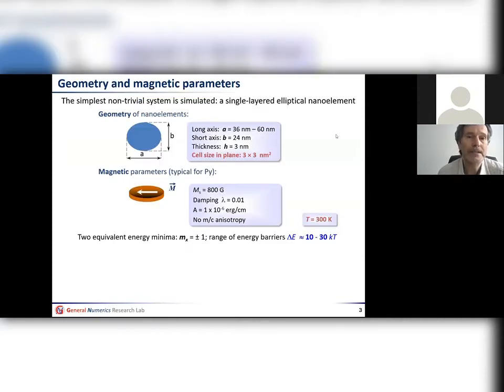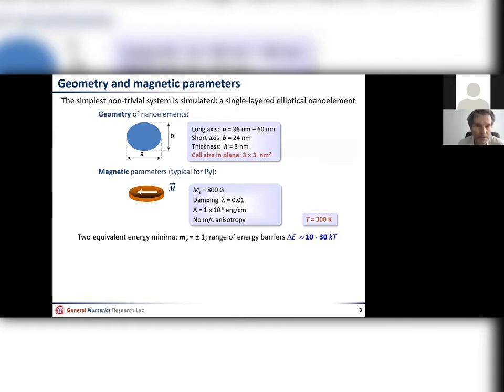Now we are simulating the simplest possible system, which has two distinct energy minima. This will be an ellipsoidal nanoelement, single layer, with two equivalent energy minima at mx plus minus 1 and with a range of energy barriers from low to intermediate.